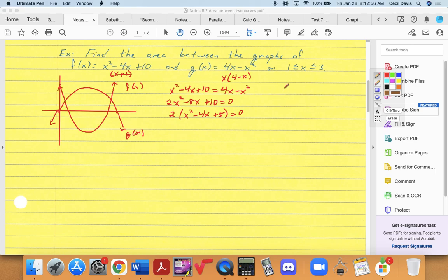It's the opposite of b, since b is already negative, plus or minus the square root of b squared, which would be 16, minus 4ac.